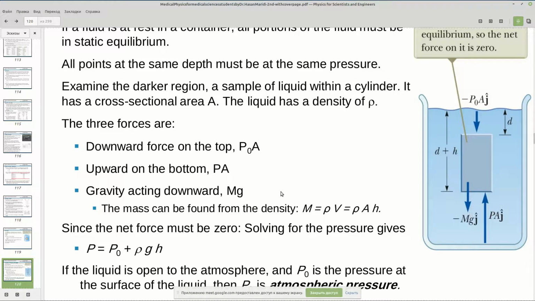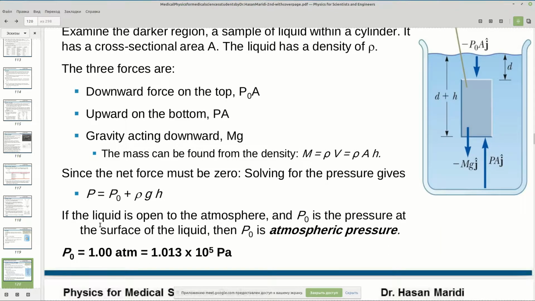The mass can be found from the density: m equals rho multiplied by the volume of the body, and the volume will be the area multiplied by h. Since the net force must be zero, that is our condition of equilibrium for this body inside this volume. So solving for the pressure gives P equals P0 plus rho gh.